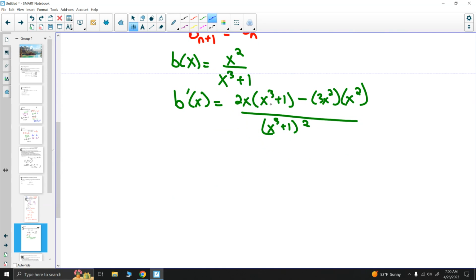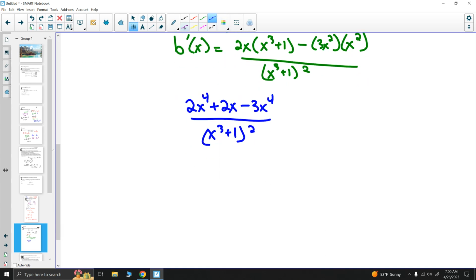So if we clean this up a little bit, we get 2x to the 4th plus 2x minus 3x to the 4th over x cubed plus 1 squared. So cleaning this up just a little bit more, we see that this is going to be 2x minus x to the 4th over x cubed plus 1 squared.